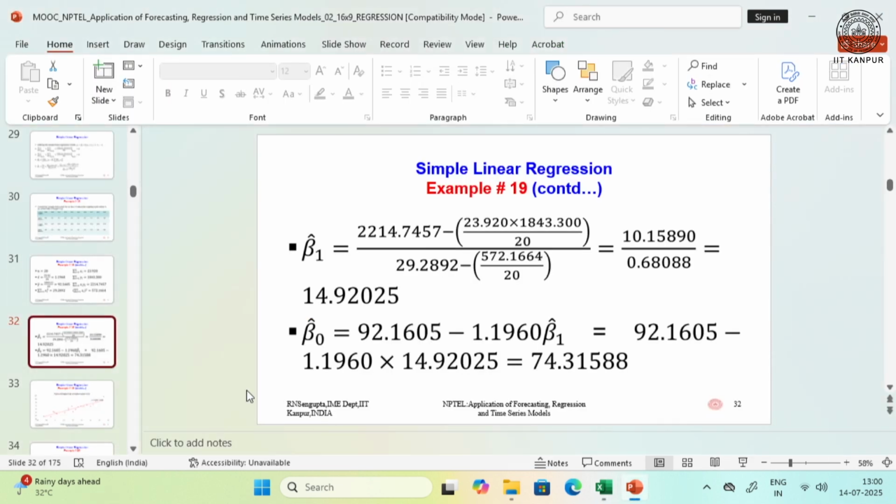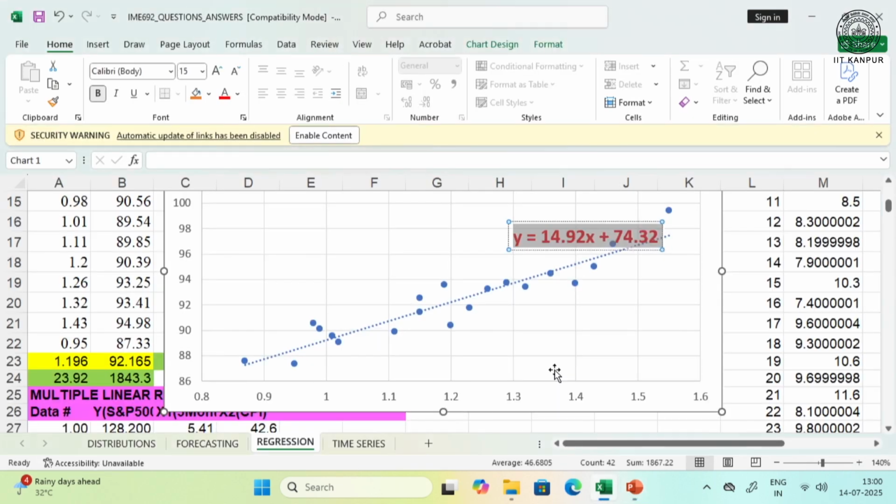The values you have used are 14.92 for beta 1 hat and 74.32 for the intercept. The intercept is where the line cuts the axis. So, the equation you solved with the data and the plot we did using the Excel sheet are exactly matching.